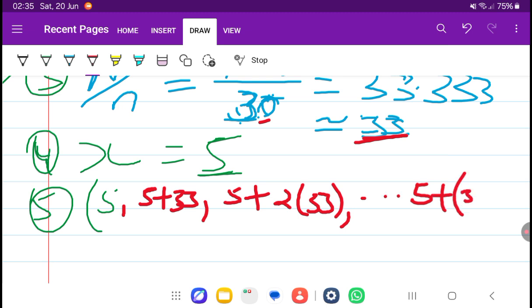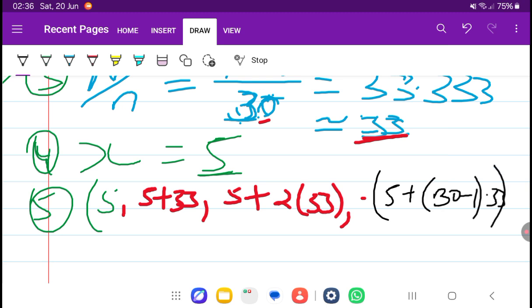It will be 30, which is our sample size, so 30 minus 1 times 33. So we go up to when we have 5 plus 30 minus 1 times 33.